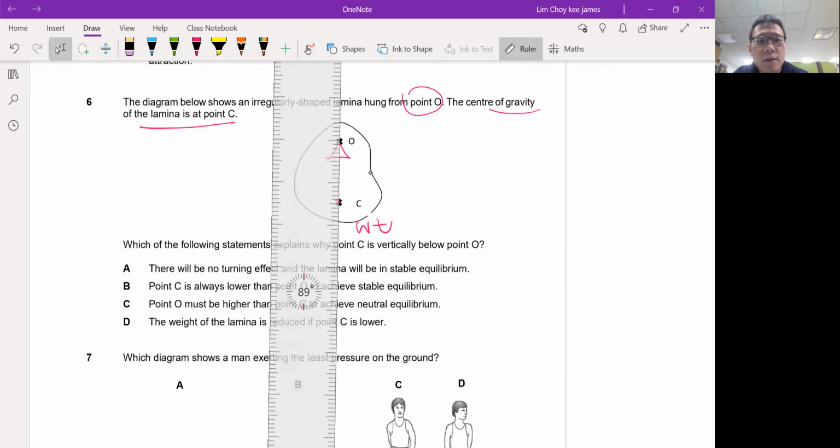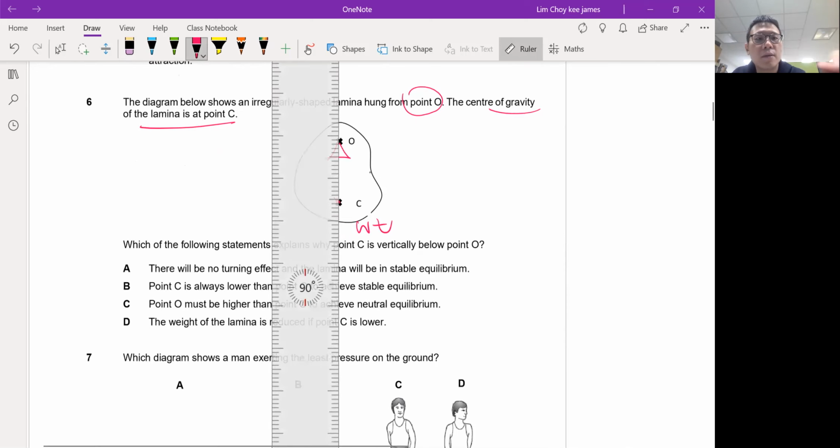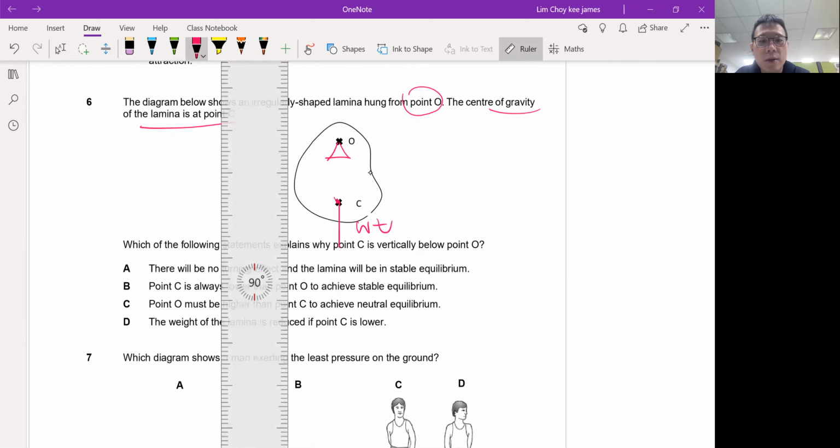Okay, so let's say my weight is here. This is the weight of my object. You'll find that the line of action of the weight actually passes through the pivot.